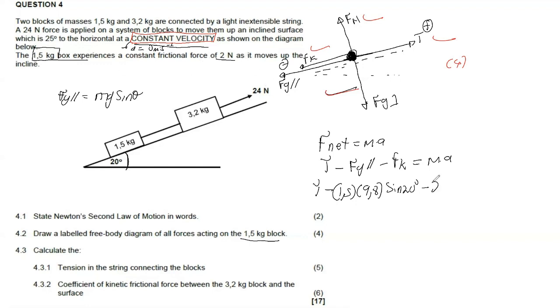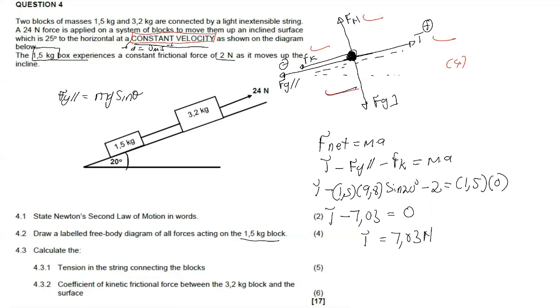So we have minus 2 here. Then our mass is still 1.5. But remember, the acceleration is 0 as a result of this keyword here, constant velocity. Then we have 0 there. Now, punching all this in our calculator, it will give us negative 7.03 rounded off to 2 decimal places, then equal to 0. So obviously our tension is 7.03 Newton if we transpose it.